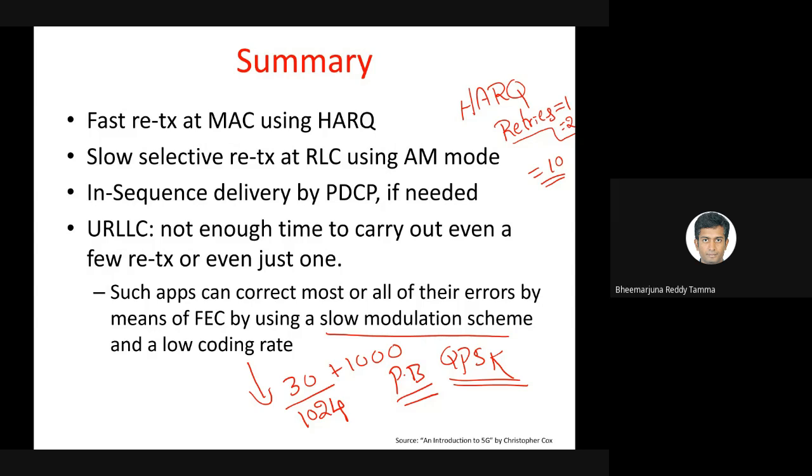See, there are two cases. Ultra-reliable, low latency. Again, you can have some applications which require ultra reliability. You can have some applications that require ultra low latency. There could be some applications which require both of them. In all these cases, one can configure all these parameters.